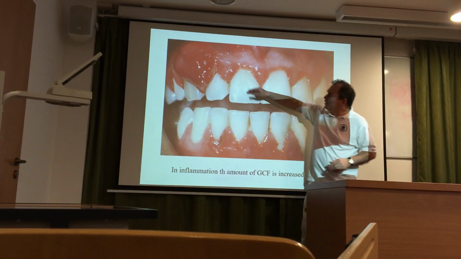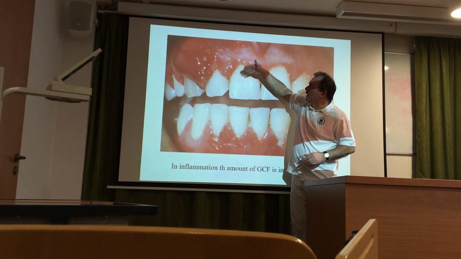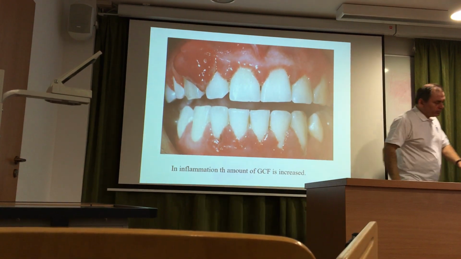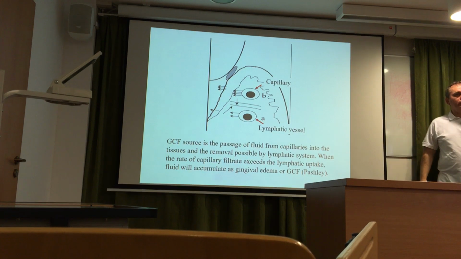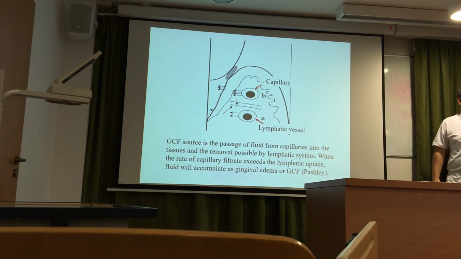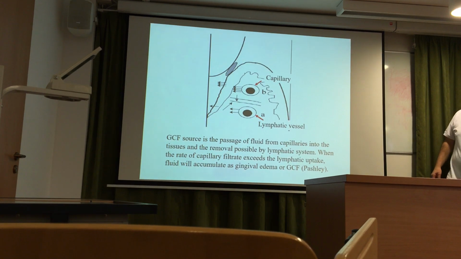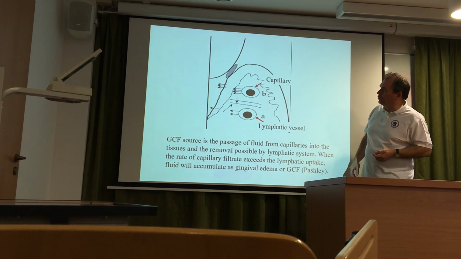And when you have inflammation, the gingival crevicular fluid production is accelerated, increased significantly. So the inflammation, but also other stress factors, for example when the brushing habit is bad, even bad brushing increases the production of the crevicular fluid.